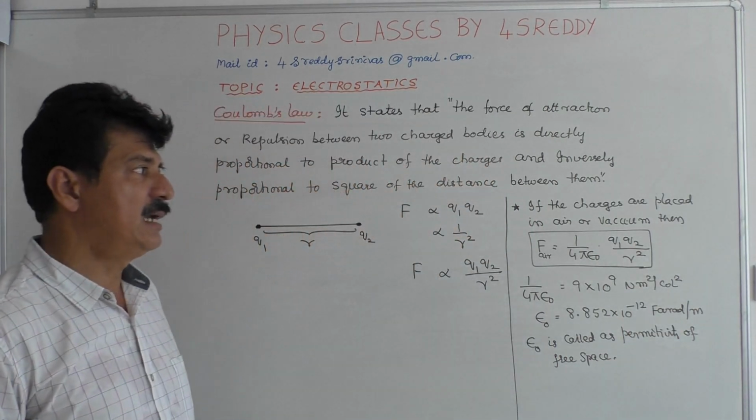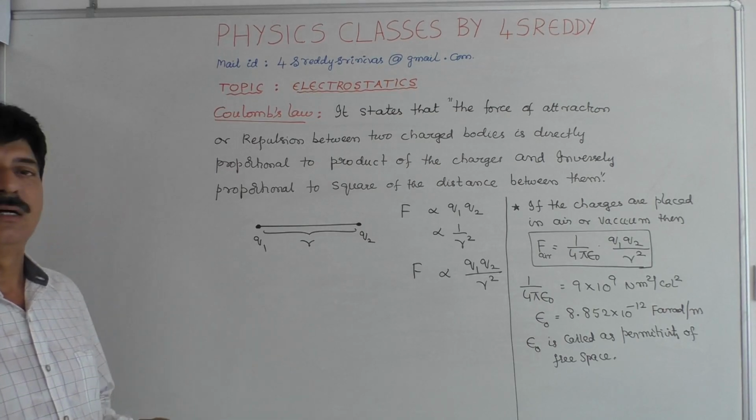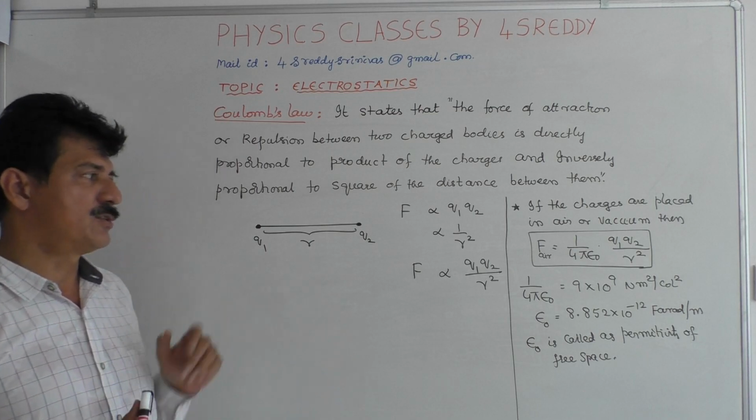So if the charges are placed in air or vacuum, then the force becomes 1 by 4 pi epsilon naught Q1 Q2 by R square.